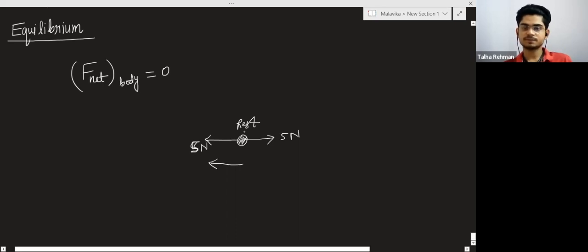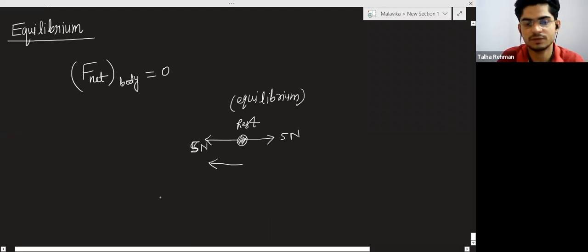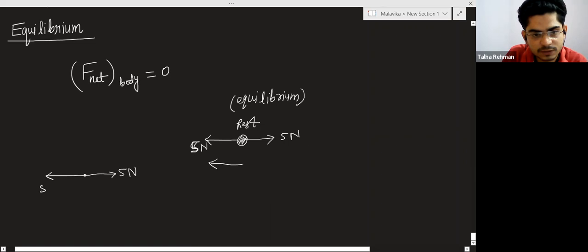Here you can see the net force on the body is 0. Look here, this is the body, so you can take this as a point. Here are two forces which are acting in opposite directions.